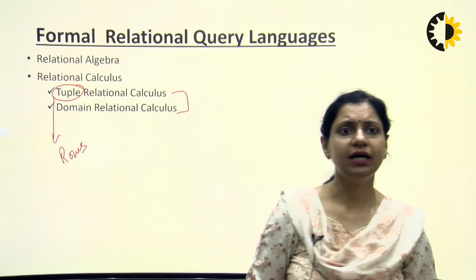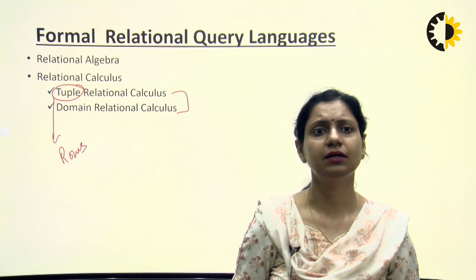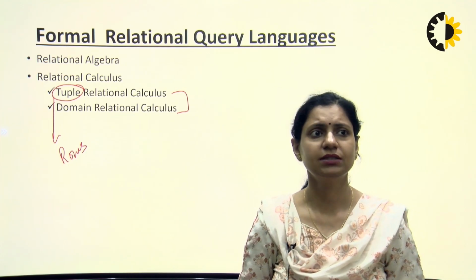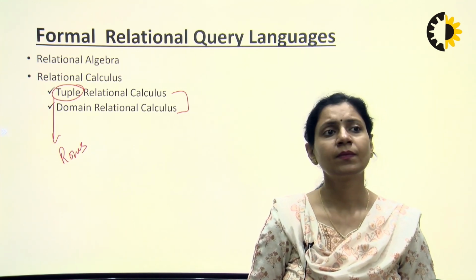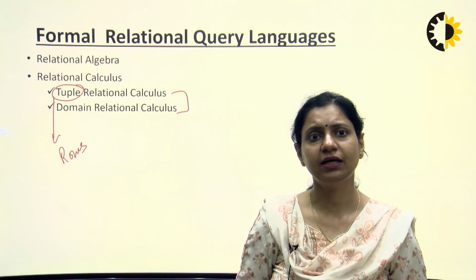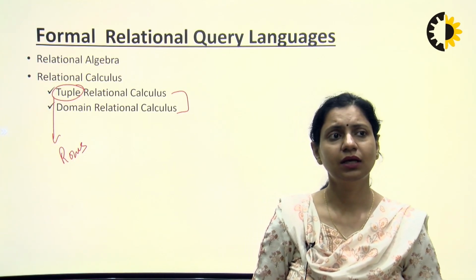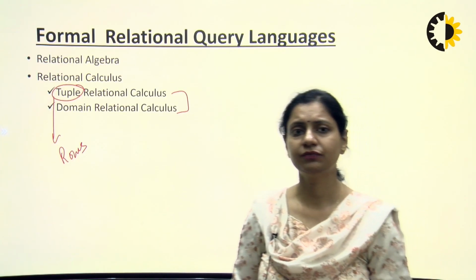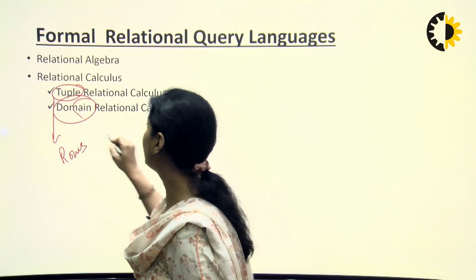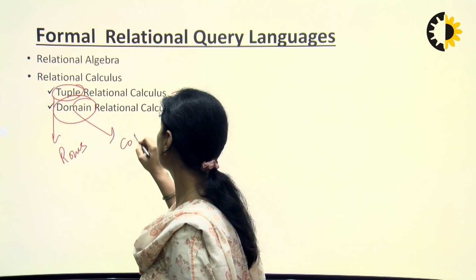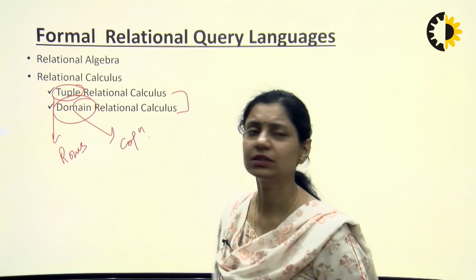So when we are trying to fetch the data keeping the rows in focus, that relational calculus is the tuple relational calculus. When we fetch the data keeping the columns in focus, the topic that we have is the domain relational calculus, which talks about the columns.